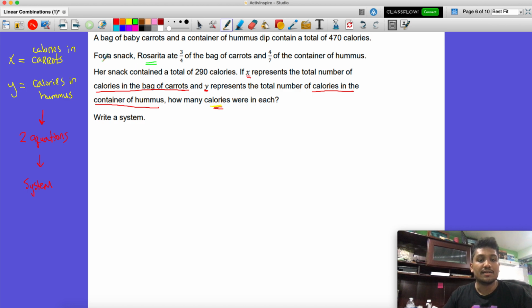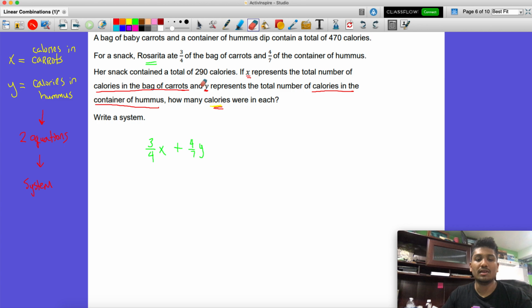It says Rosita ate 3/4 of the bag of carrots and 4/7 of the container of hummus, and her snack totaled 290 calories. So 3/4 is the bag of carrots, which is x, and she also ate 4/7 of the container of hummus.